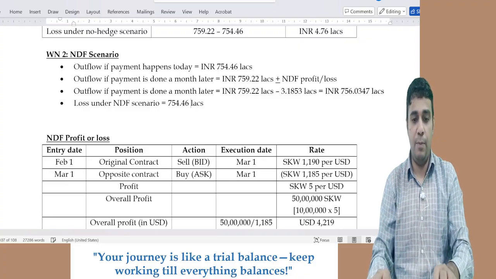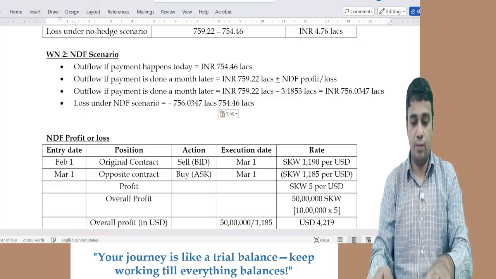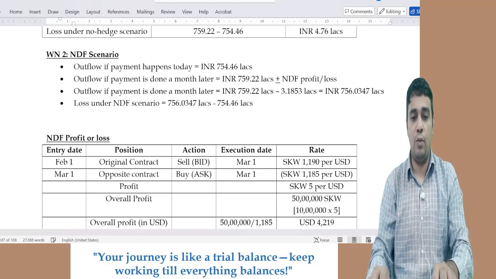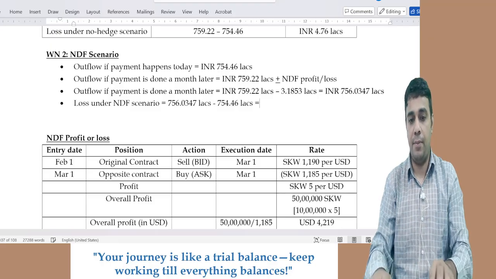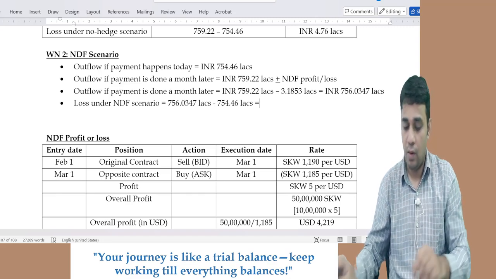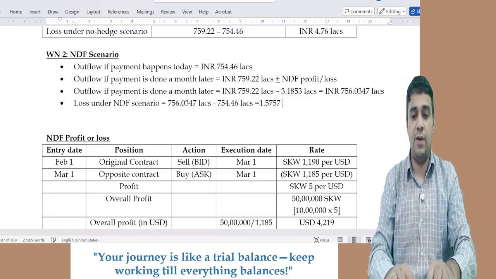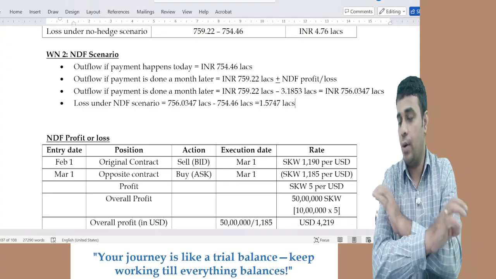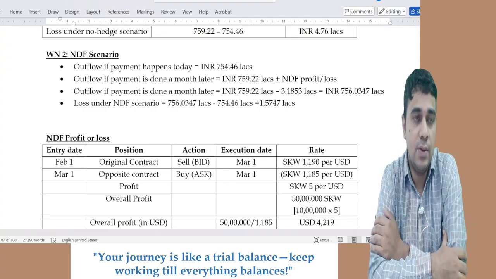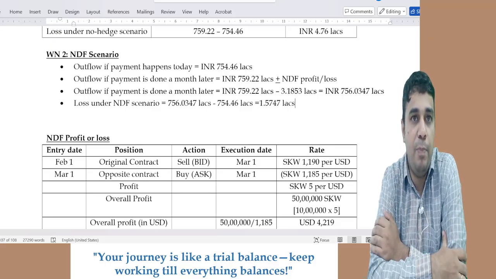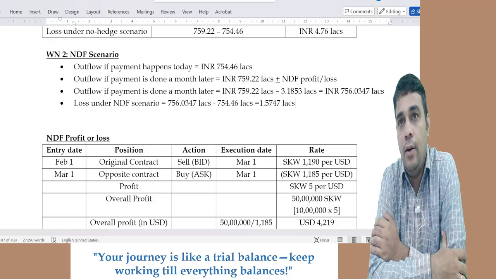The gap is 1.5747 lakhs loss. The loss is not going to be eliminated. The loss will continue to be there, but it is better than the no hedge scenario.